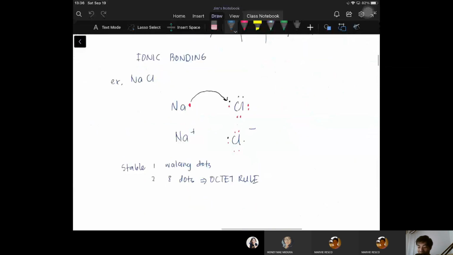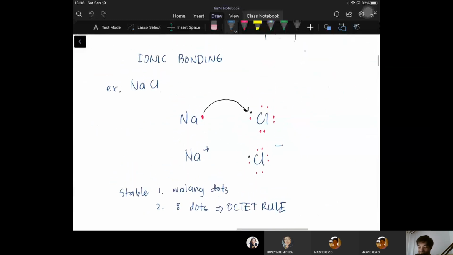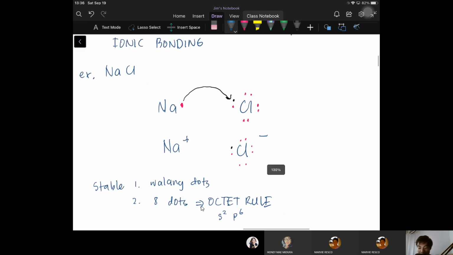That's why we have the octet rule, because we are filling the S2 and the P6 orbitals. So kapag may 8 dots ka or 8 electrons, stable ka na. Noble gas ka na. So yun yung idea ng ionic bonding.